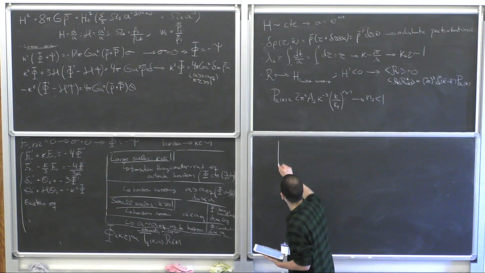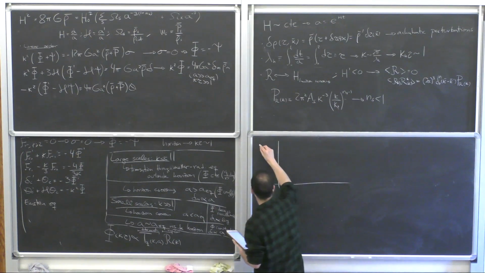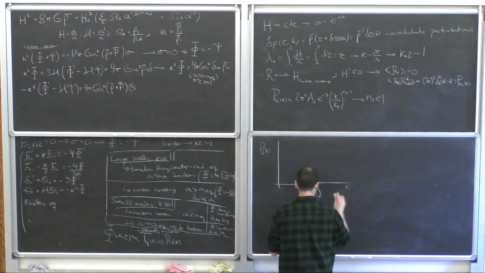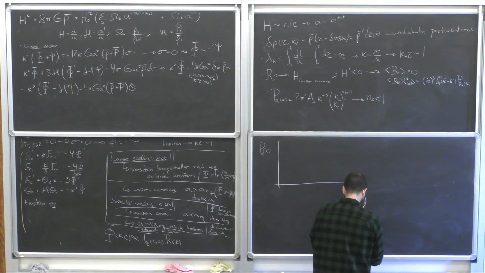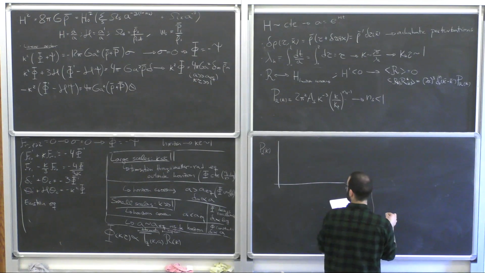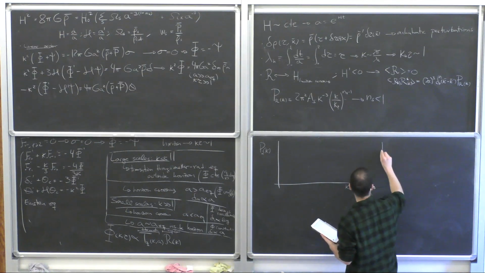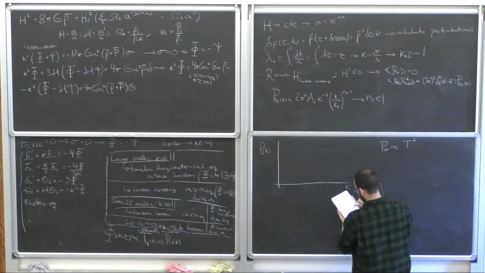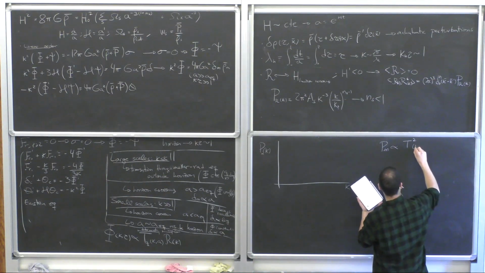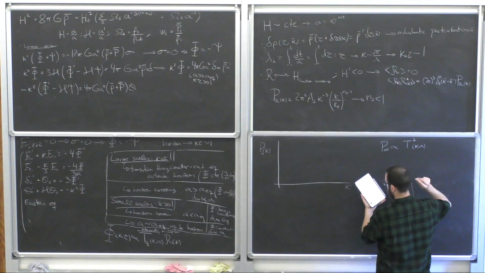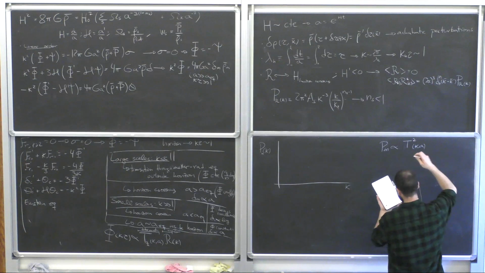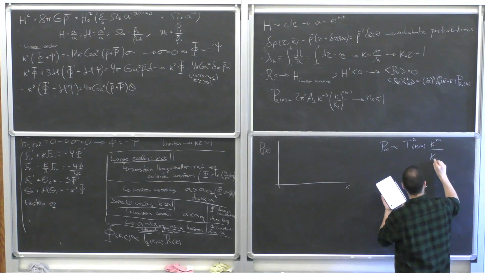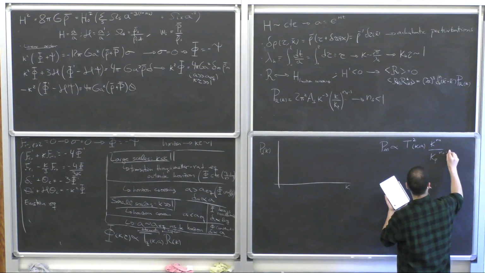So if we write here the matter power spectrum as a function of k today, accounting for the fact that P_m is going to be proportional to T squared, which is the matter transfer function, and then the factor of k^ns over k_p^(ns minus 1).